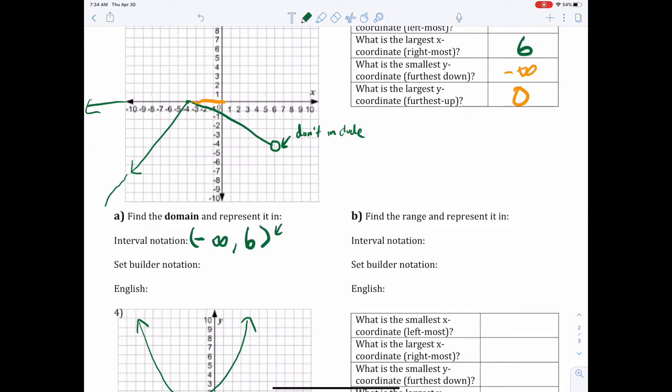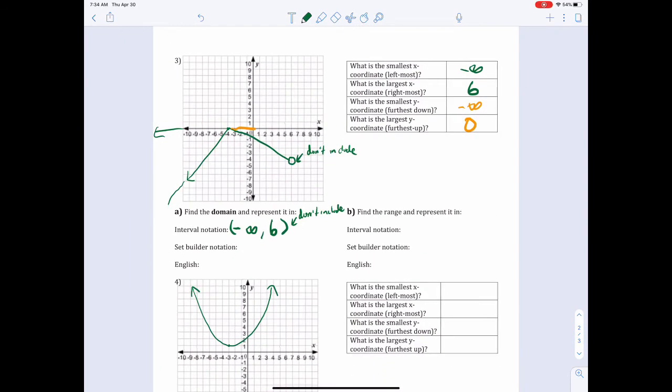Open again means we don't include. 6 really isn't in the domain since there's not a point there. In set builder notation, it's all x values less than 6, not less than or equal to, because it can't equal 6. There's no point there. So again, all x values less than 6.